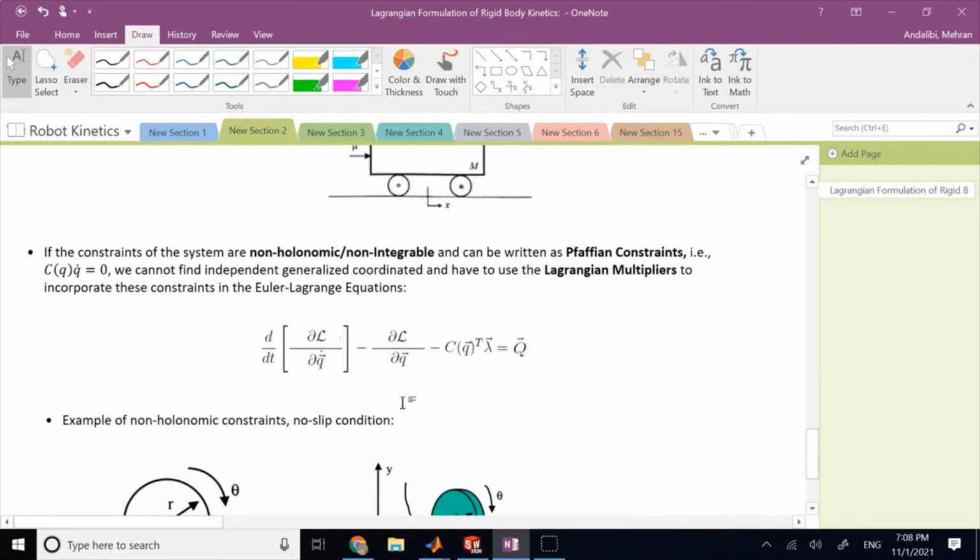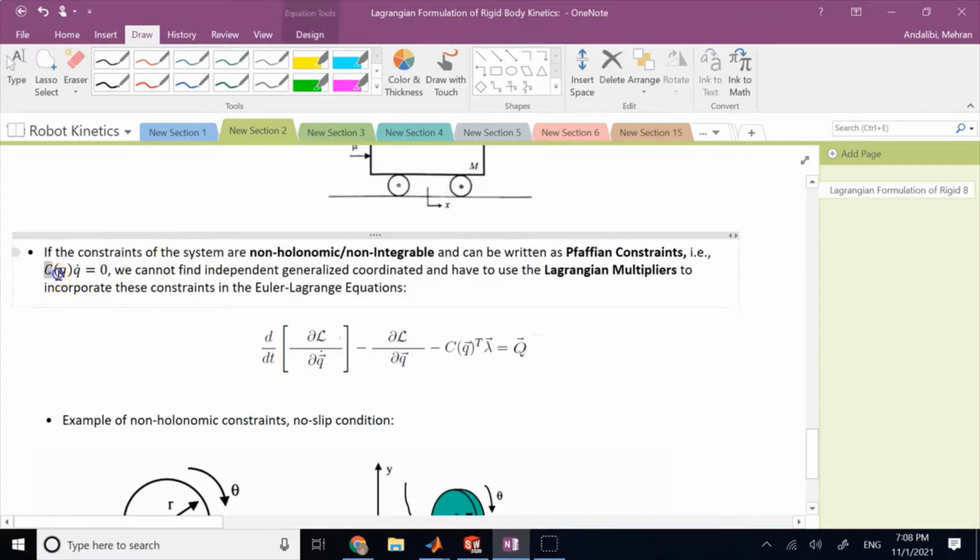Well, this is what we say. If we can write our constraints, whether non-holonomic or holonomic, into this format, that a matrix C of Q times vector Q dot equals 0.